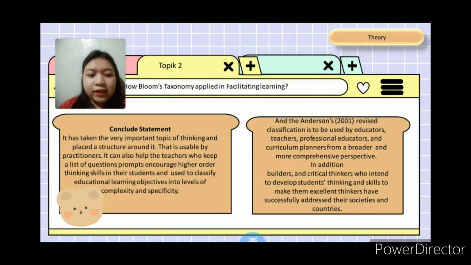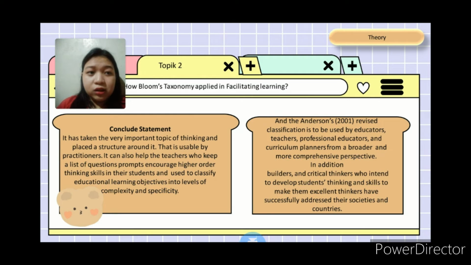While the Anderson and Krathwohl taxonomy is user-friendly, its revised classification is to be used by educators, teachers, professional educators, and curriculum planners from a broader and more comprehensive perspective.